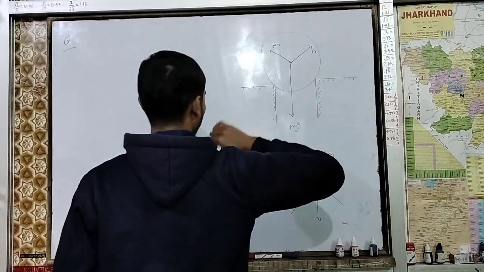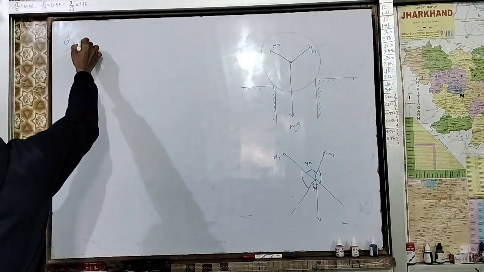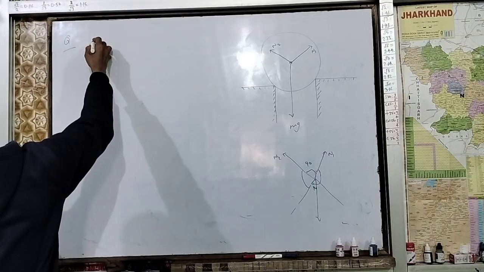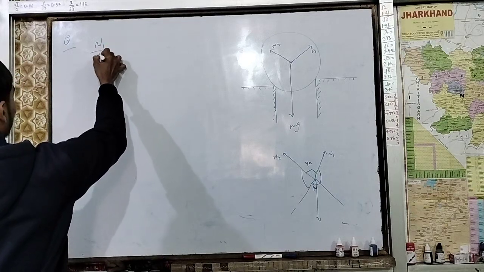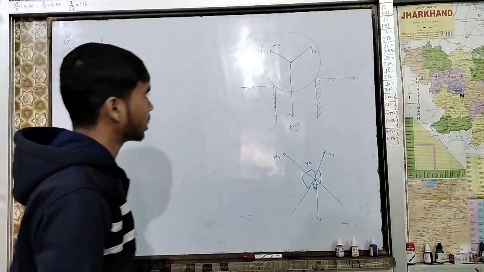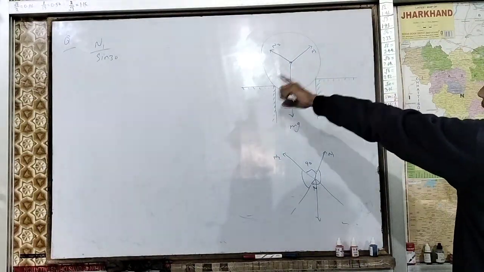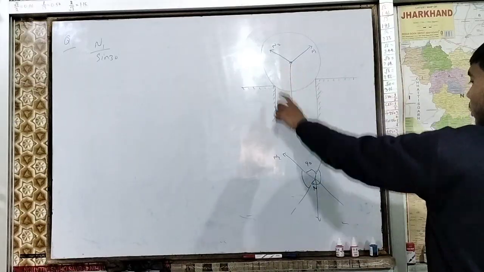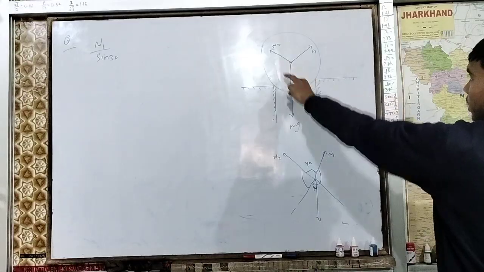The question is asking for N1 and N2. N1 will be sine 30 over here. This is N1. In front of N1 is what kind of angle? This angle.